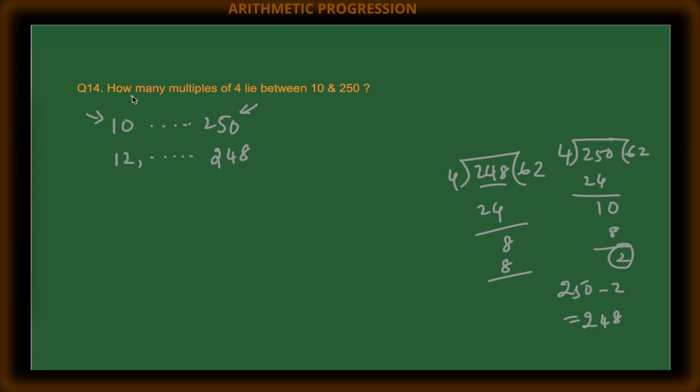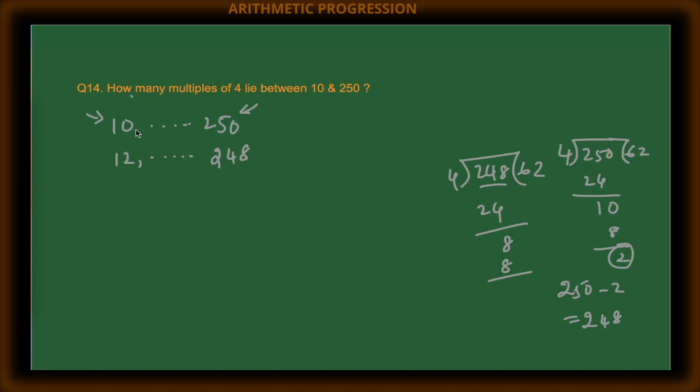Okay, so let's repeat the question. How many multiples of 4 lie between 10 and 250? First thing, we have put 10 and 250. Now in this we need to make sure those are multiples of 4. 10 is not a multiple, so we need to find the first multiple. There are multiple ways to find it.